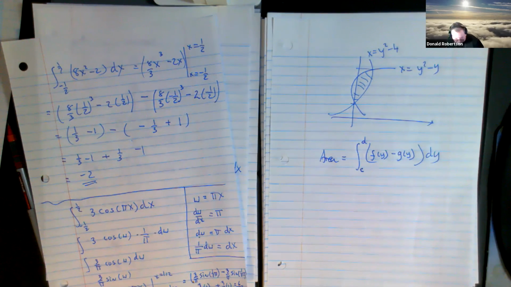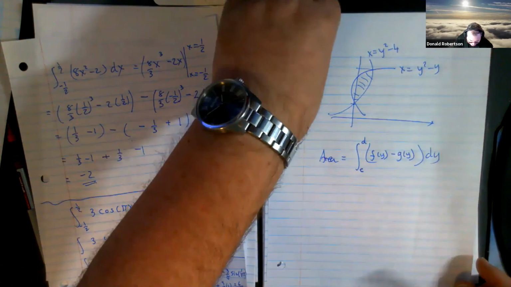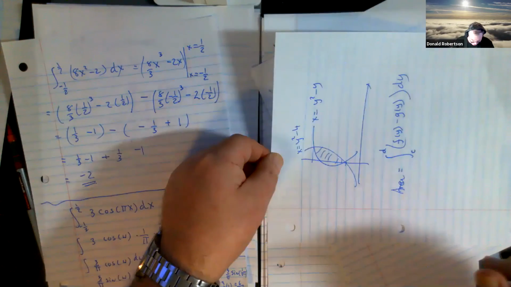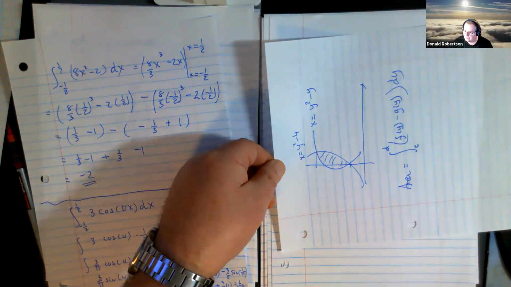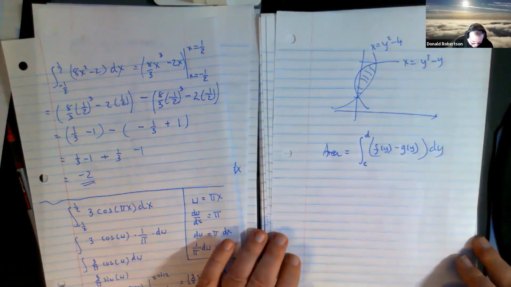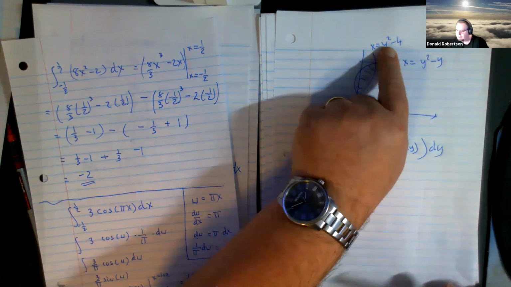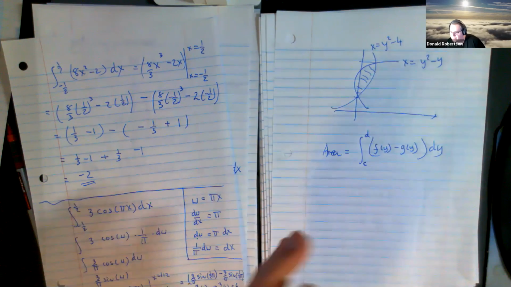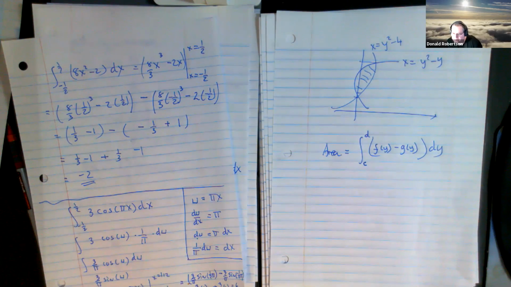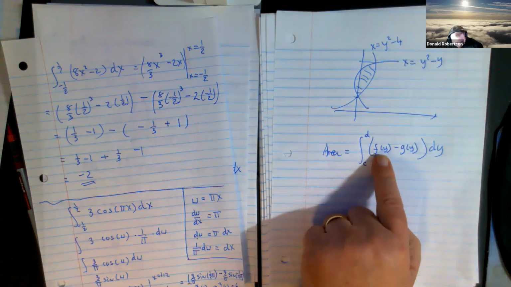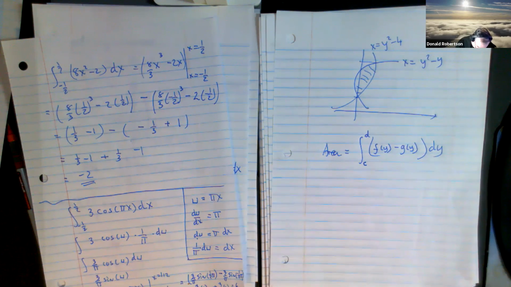So it's going to be really very similar. In fact, if I did that, wouldn't it be what we did today? So you're going to be dealing with x equals functions of y, right? Instead of y as a function of x. Now I've got a guy here called f of y and g of y.